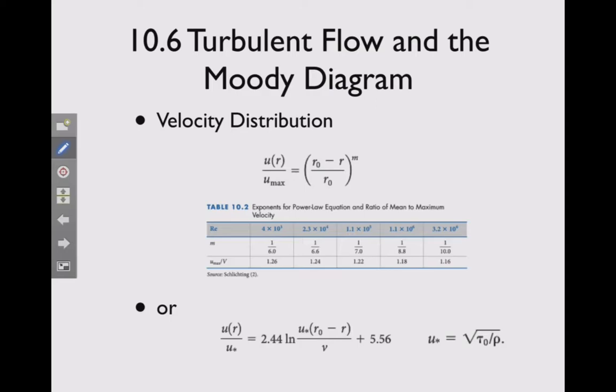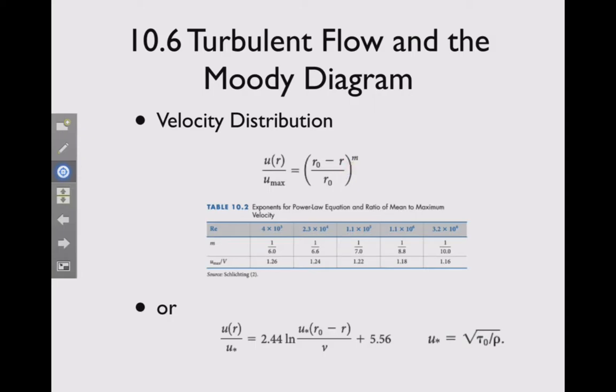The velocity distribution here is typically given by what's called a power law. So we've got R0, the radius of the conduit, minus R, the distance from the center, and this is going to be given to the power of m.